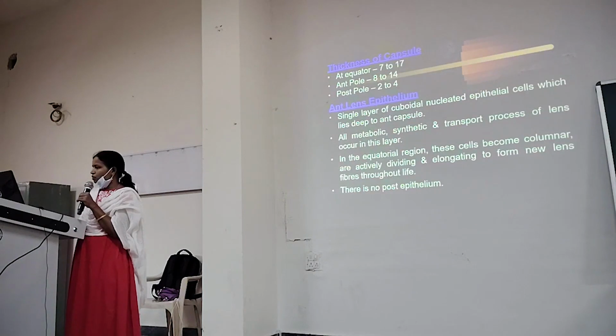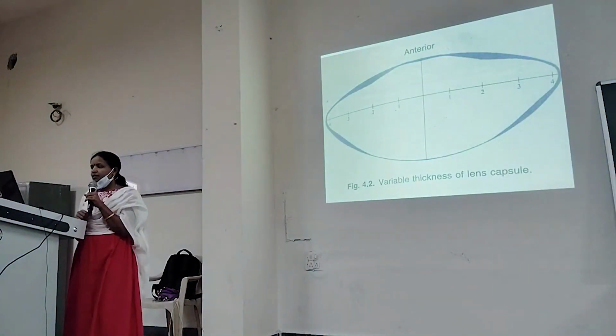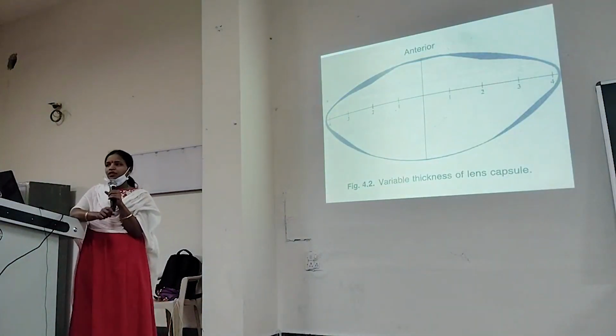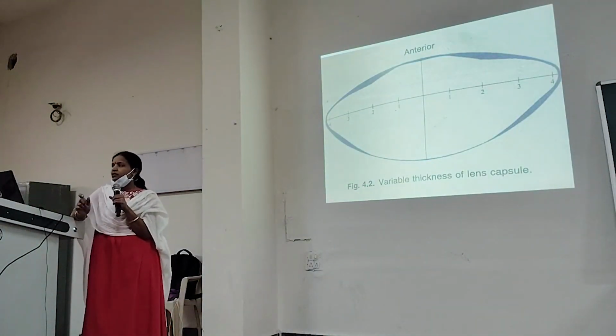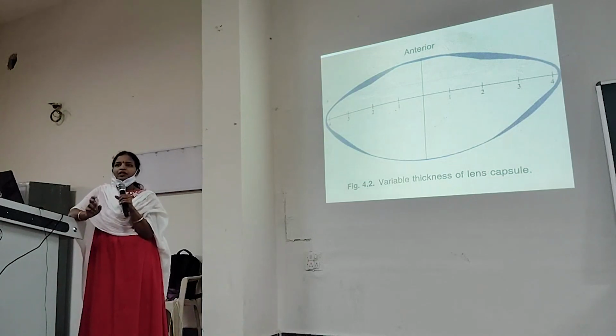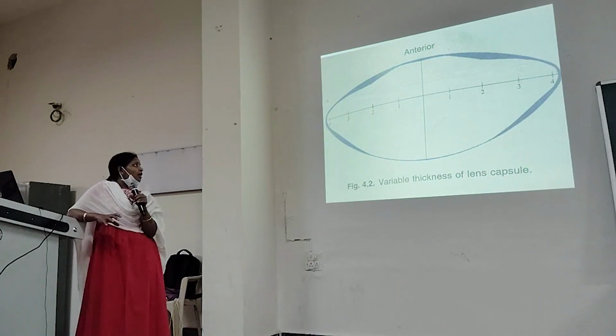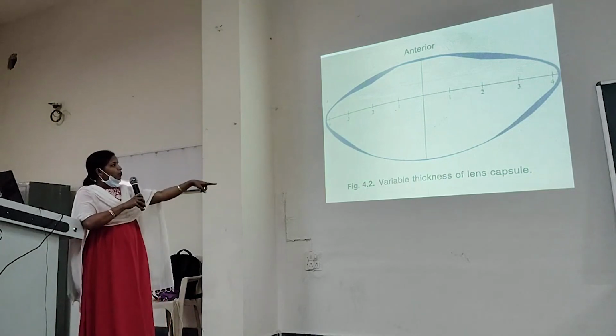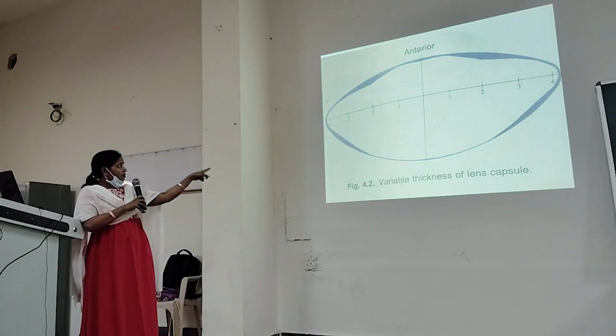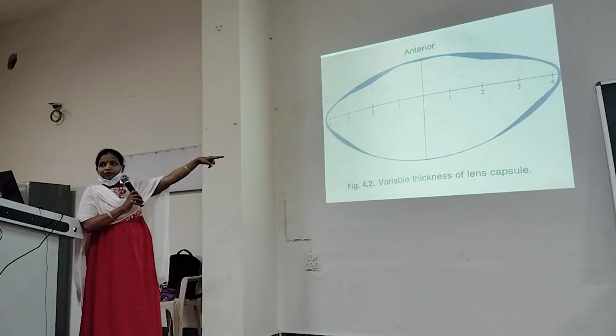And it is composed of type 4 collagen, and as you can see in this picture, the lens capsule is variably thickened; at some places it is very thin, okay? As you can see, this is the anterior and posterior portion of the lens, and these two are the equators, okay?